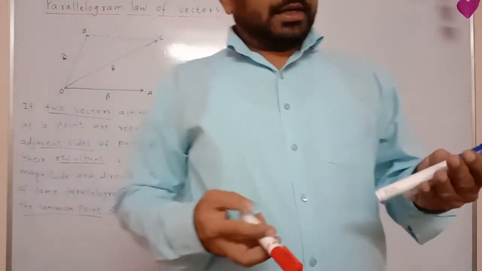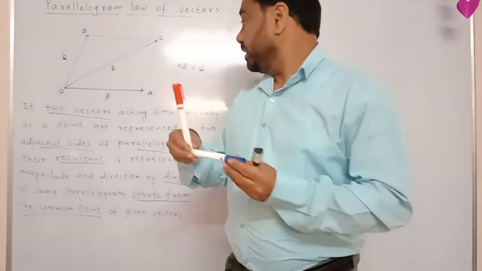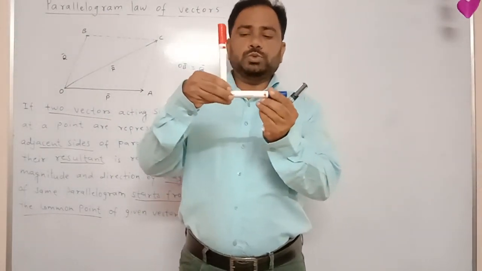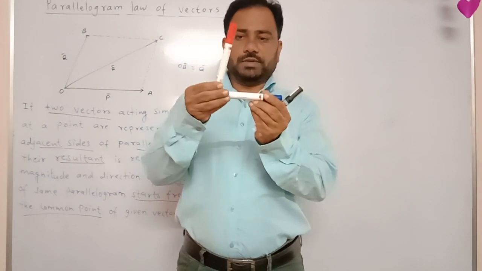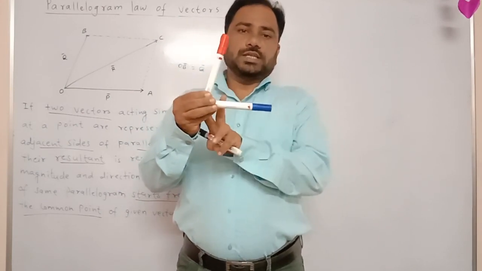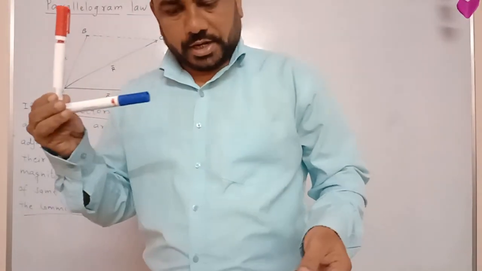Means if we are considering these two sides, vector P and vector Q, these two vectors are co-initial vectors. But if they are two adjacent sides of a parallelogram, then what about its diagonal?